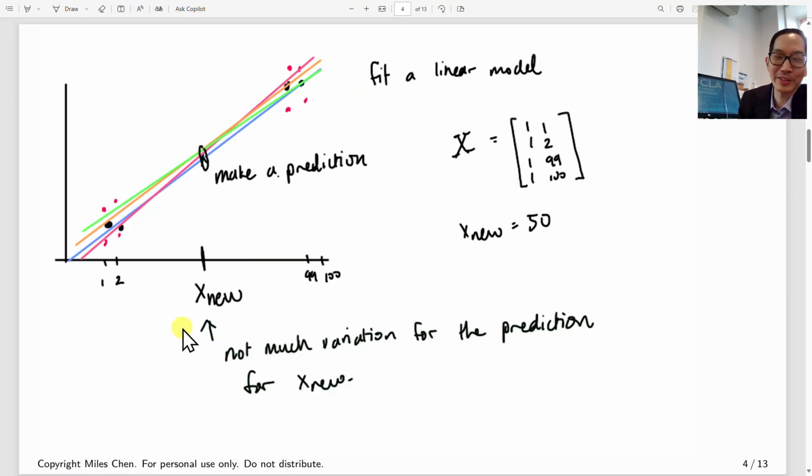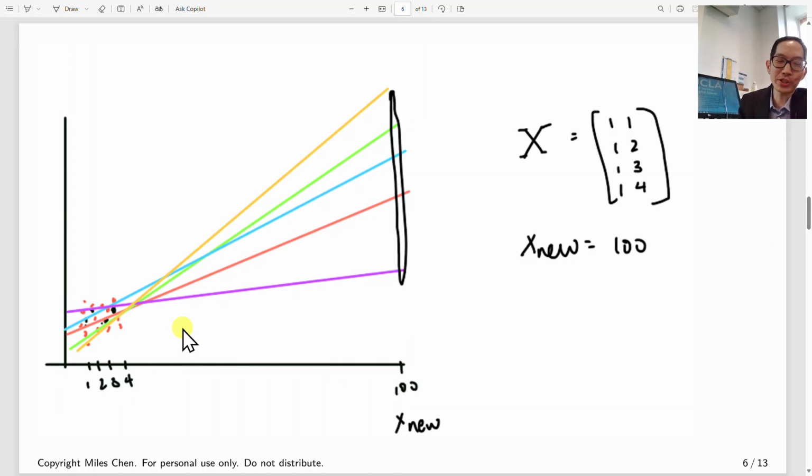And the picture is kind of like this, okay? Again, we have random noise. Our values are at 1, 2, 3, 4, and based on what random data points I get here, you could imagine getting a fitted line that looks kind of like this, right?